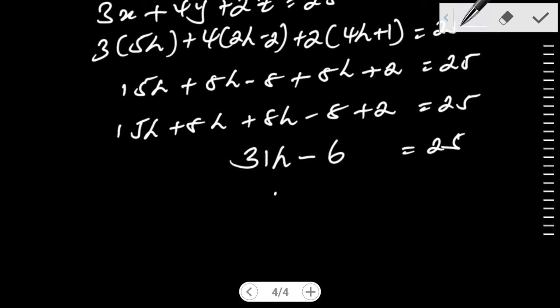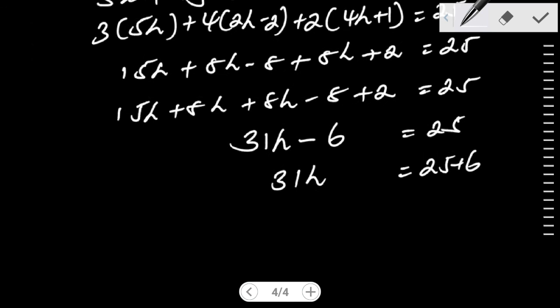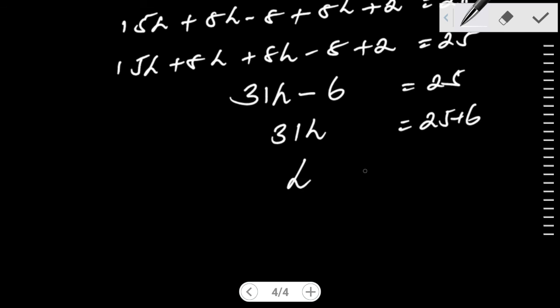And then 31 lambda would be equal to 25 plus 6. And lambda would be equal to 31 divided by 31. And lambda would be equal to 1.